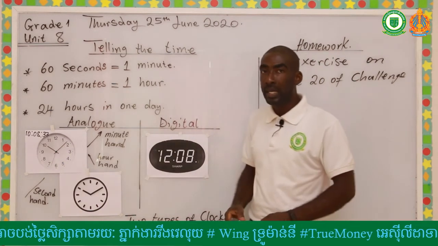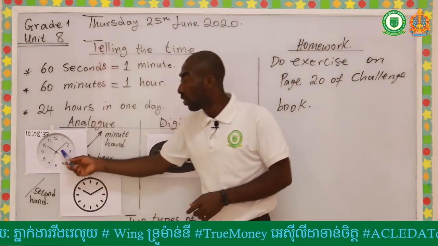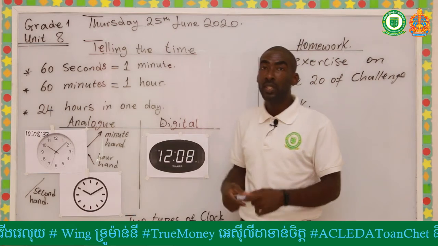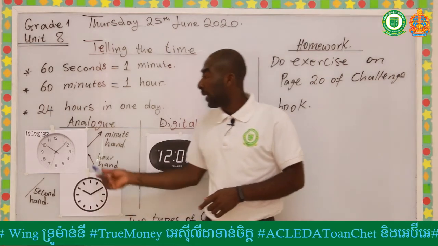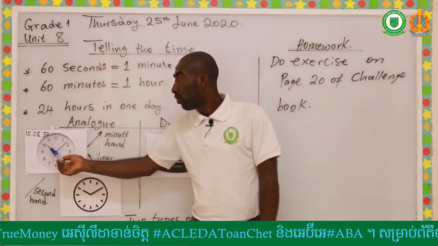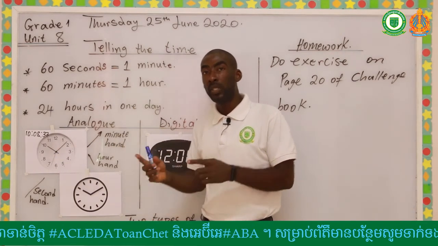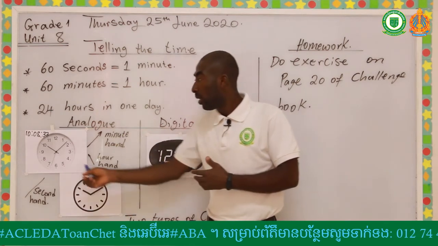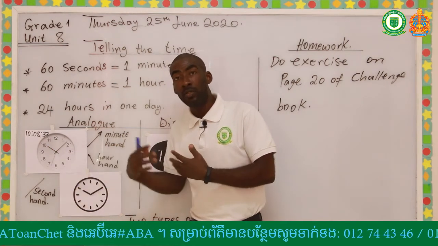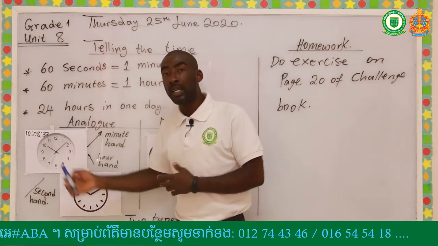So these bars or sticks that you see on the clock help you to read your time. Whenever you are reading a time from the analog clock, you look at the short hand first. The short hand, which is the shortest bar or stick on the surface of the clock, shows the hour. So you write that one first.